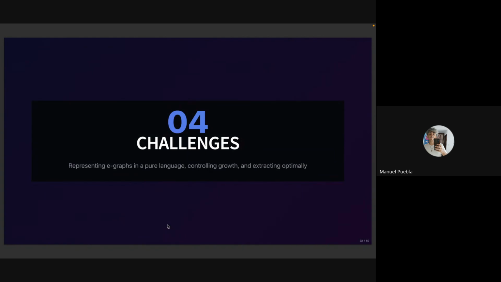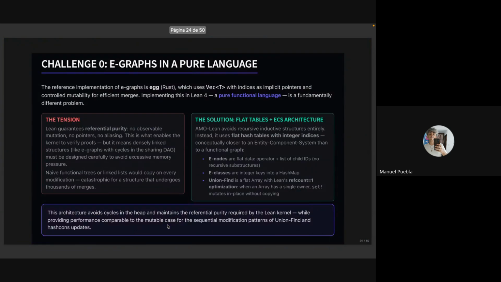So the challenges that we're facing in the implementation of this idea. First of all, how to build an e-graph. There are precedents of this technique. Maybe people that come from Rust know some of them. The reference for equality saturation is called egg. It's a very nice sounding name.